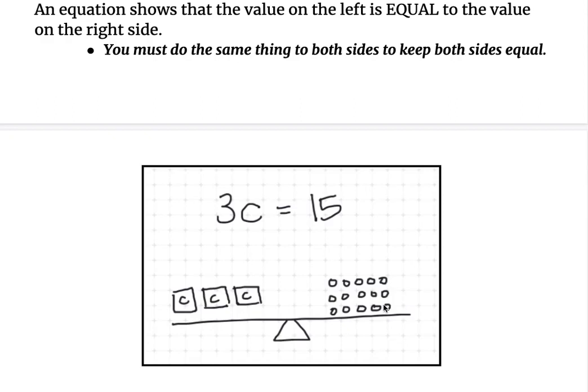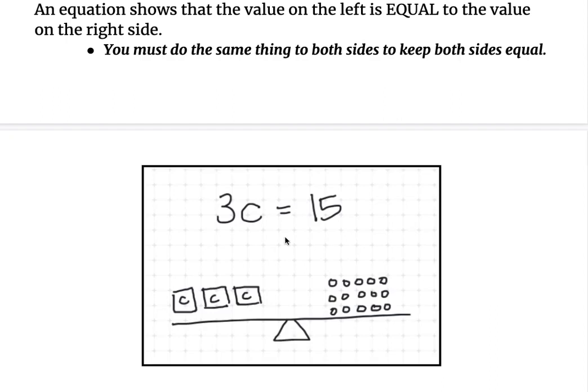And on the right-hand side, it is equal to 15 marbles. So this scale is balanced because whatever's inside these c boxes, they're equal to 15. So what I need to figure out is how much is inside one box that's labeled c.